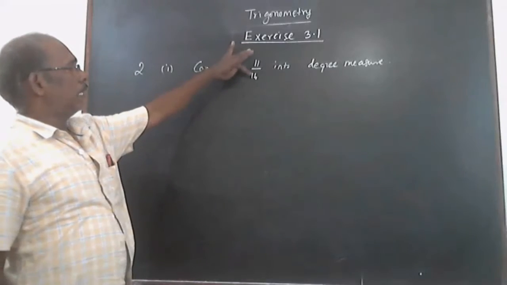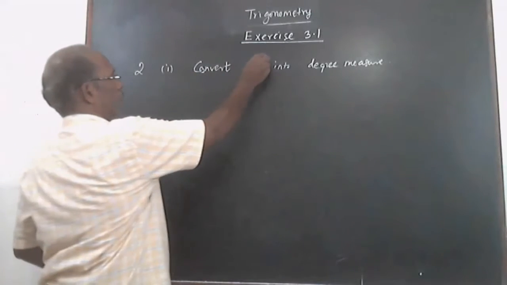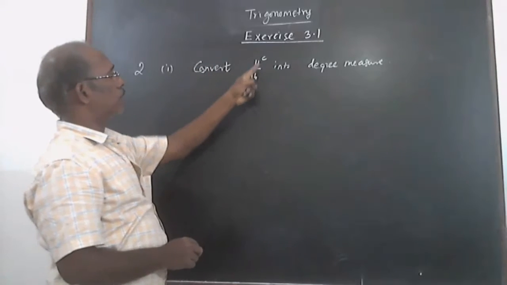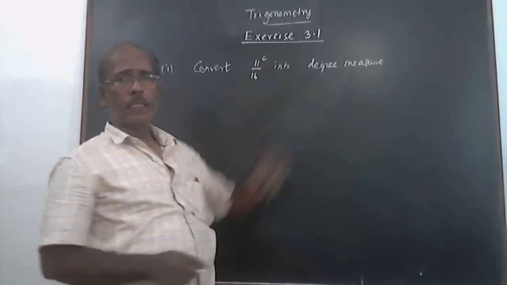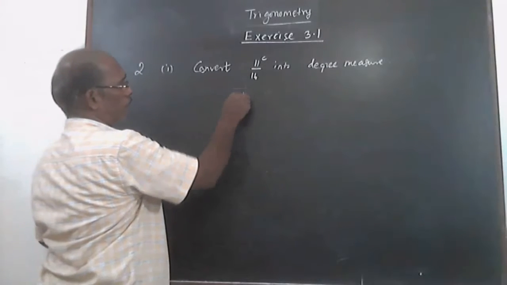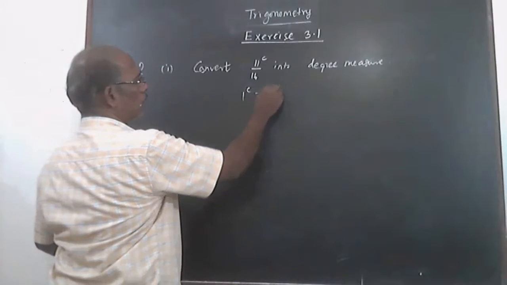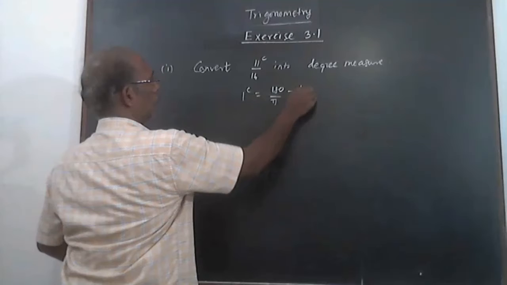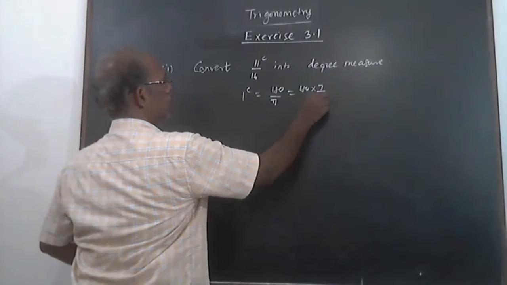We should convert 11 by 16 radian into degree measure. 1 radian equal to 180 by pi, or 180 into 7 by 22.